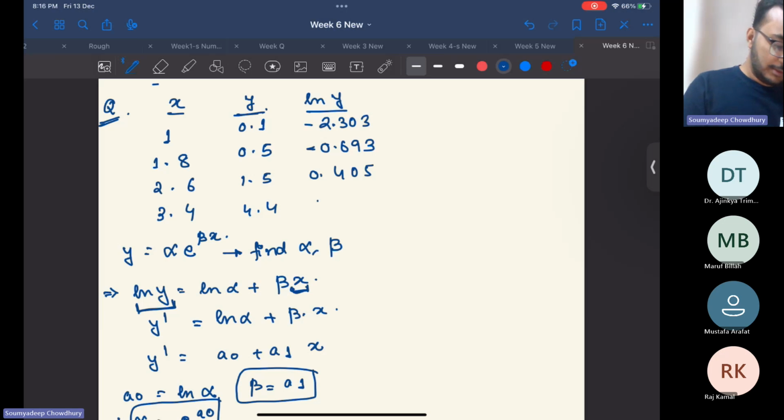And this is 1.482. So now this is your y dash, right?